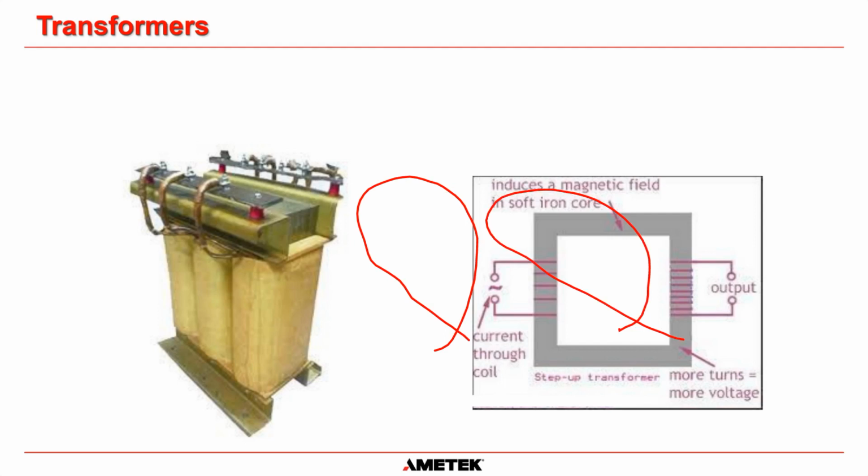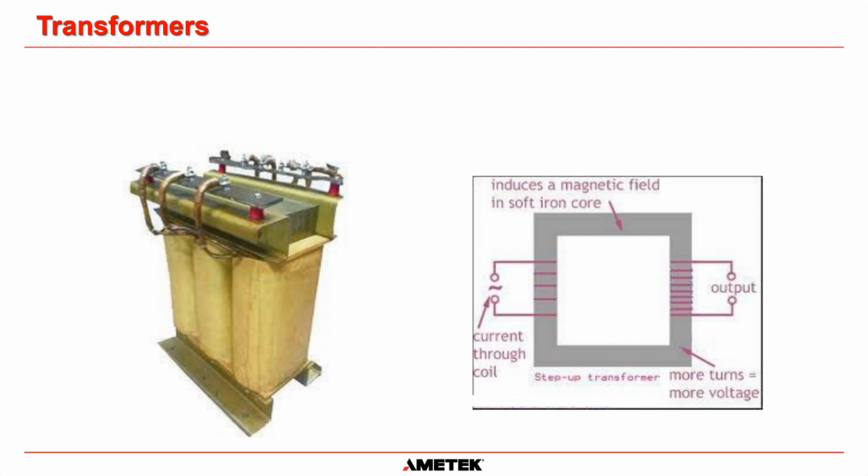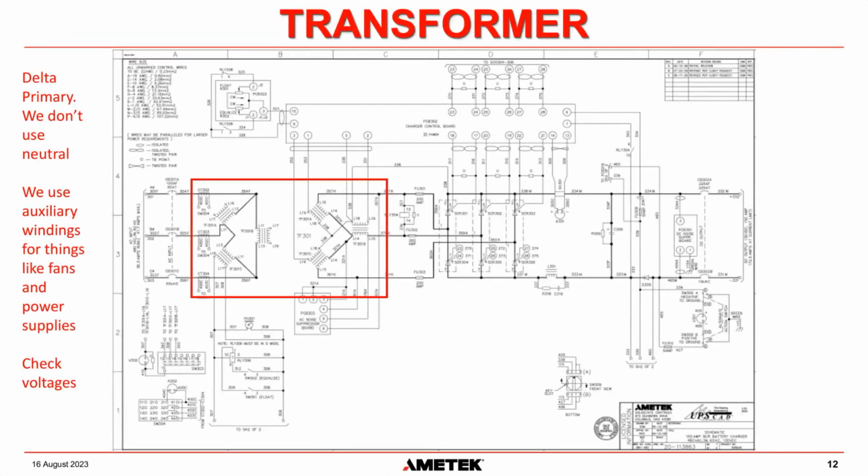There is no physical connection between the wires on the primary and the wires on the secondary. So it gives us isolation between the primary and the secondary supplies, and it also gives us a step up or a step down depending on what we require. In our system, we usually step down the voltage.